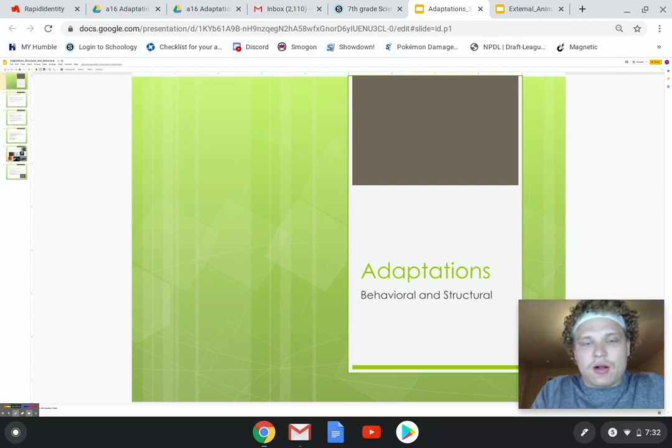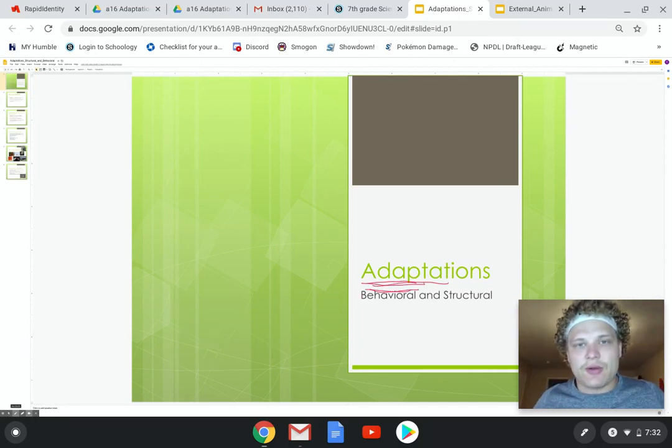It all comes down to how these organisms adapt to their environment. So when we look at adaptations, we're looking at this first word, adapt, and that is how the organism is set up to survive within its environment. We'll give a better definition in a little bit.